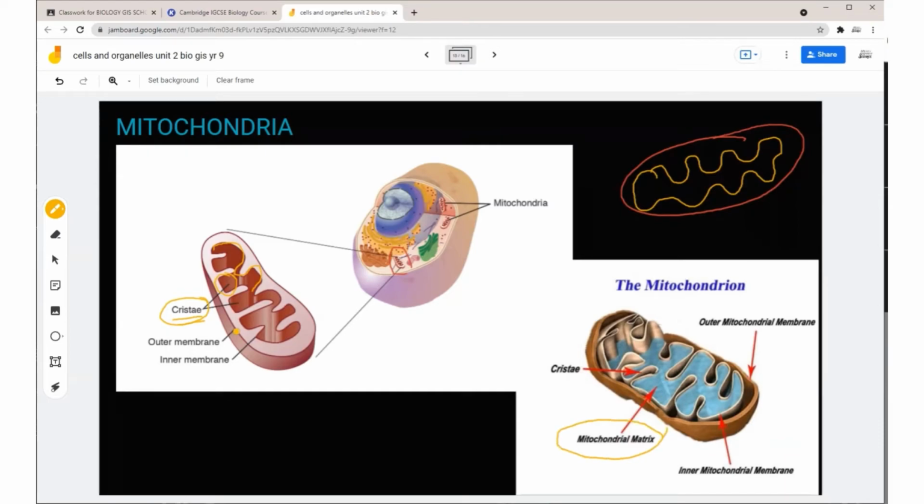So 4 important things: outer membrane, inner membrane, cristae, mitochondrial matrix. That's it.